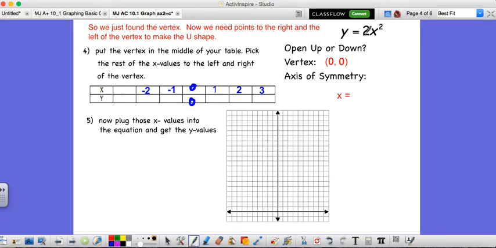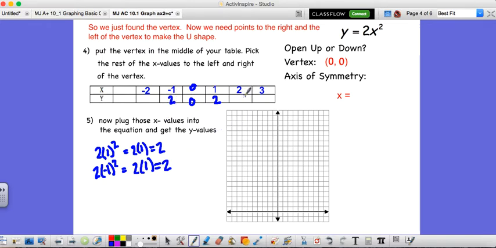If we were to plug 1 into 2x squared, 2 times 1 squared, that's just 2 times 1, which is 2. So we're getting some values in our table. Now just to show you, if we did 2 times negative 1 squared, we would still get 2 times positive 1. Negative 1 squared is positive 1, which is 2.